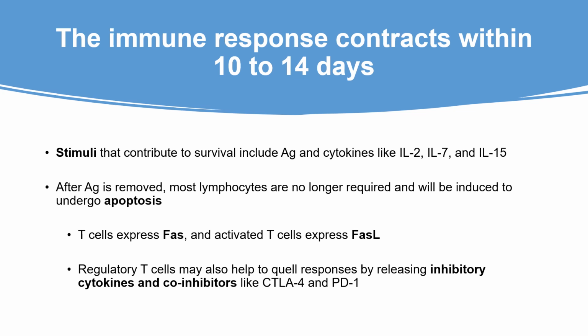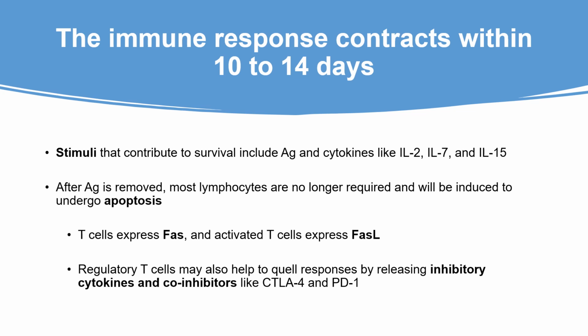You also see a shift in cytokine production from pro-inflammatory cytokines like IL-2, which is very pro-survival and stimulatory, towards CTLA-4 and PD-1, which we've seen before. These were major inhibitory cell surface receptors and markers that we used to determine whether cells were pro-inflammatory or anti-inflammatory.